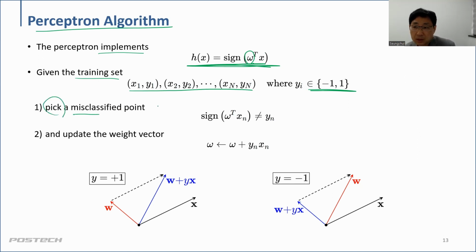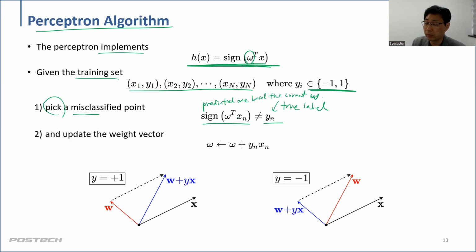Pick that one, which means comparing the true label and the computed, or predicted, one based on the current omega. If we have any misclassified data points, that means the current omega is not the best. Then update omega with this.